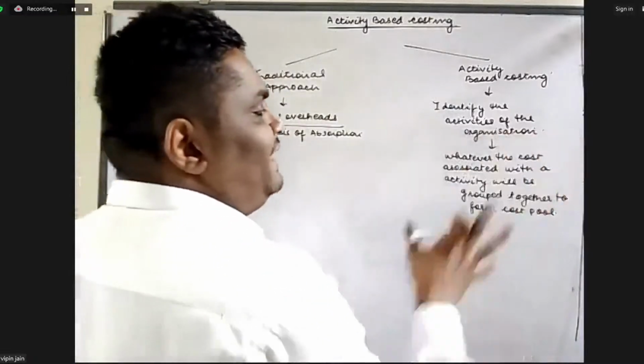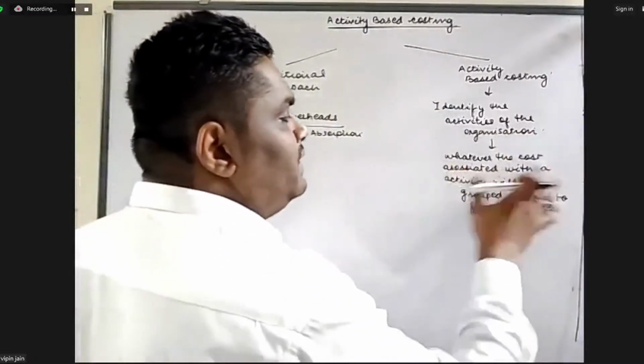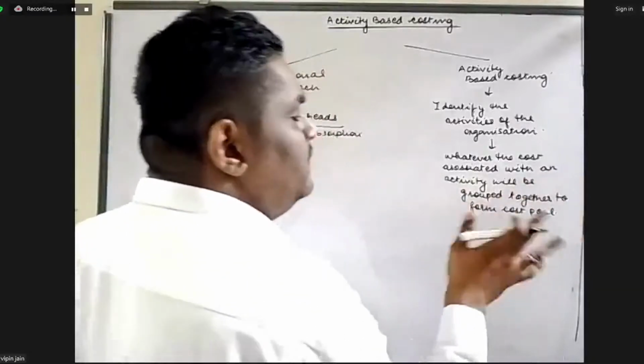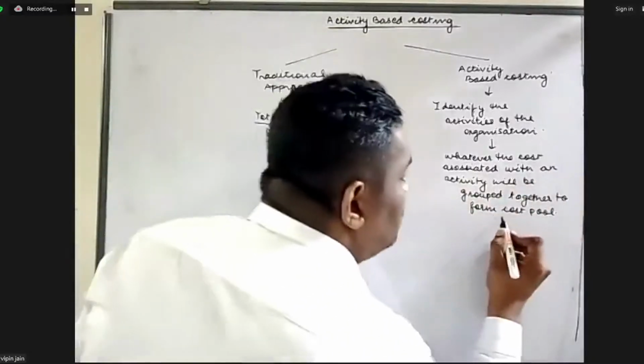So first identify the activities of the organization. Now, whatever cost is associated with an activity will be grouped together to form a cost pool.